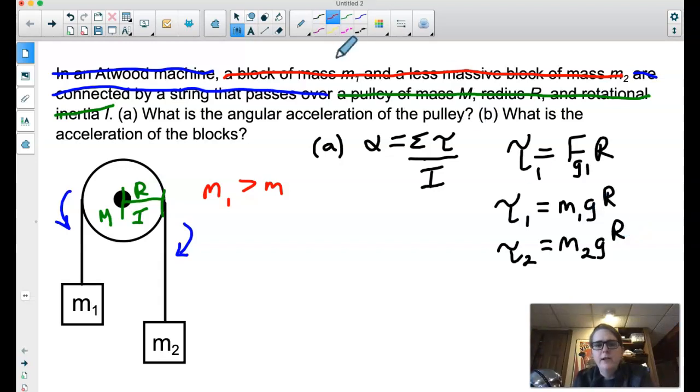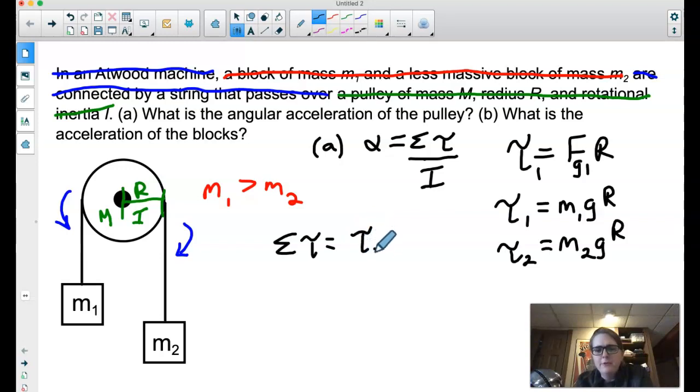Now the next thing I'm going to pay attention to is that mass 1 is greater than mass 2. That means it's going to exert a greater torque. So I'm going to treat the direction that mass 1 is trying to cause that pulley to rotate as my positive direction.